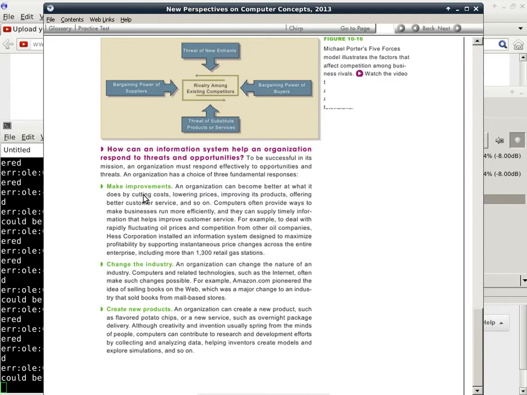And create new products. New products in this case would be products that are based on the internet or information system. I can give you one really funny example, and don't ask me why I know that one. Pork rinds, okay, pork skin, the deep fried pork skin. There's one company, so I think it's in one of the southern states.